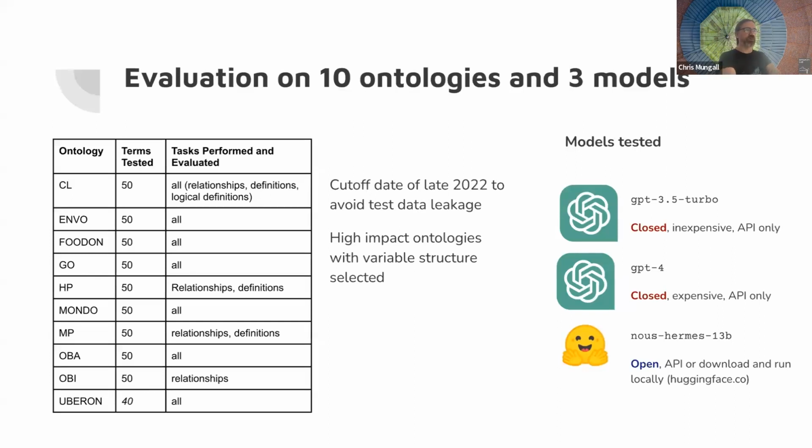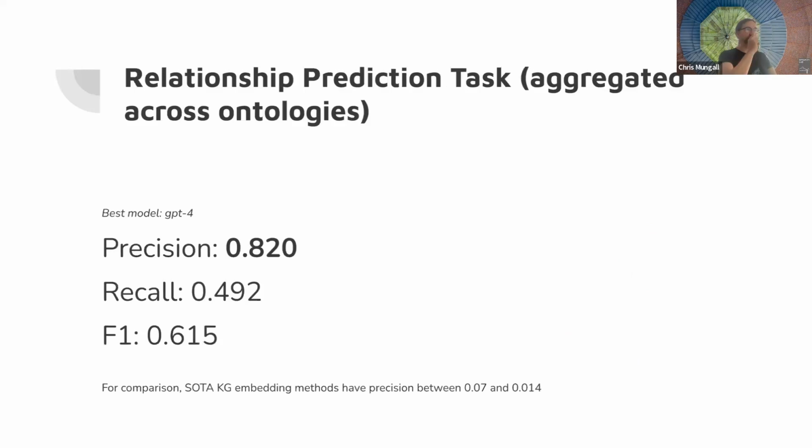These large language models, at least historically, have lagged behind some of the latest data, although the very latest version of GPT-4 is actually trained on data from, I think, June this year or something like that. We tested on two proprietary OpenAI models, and then one semi-open model available from Hugging Face. Just to give you the very high level summary.